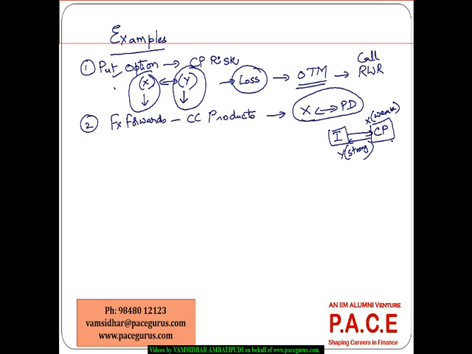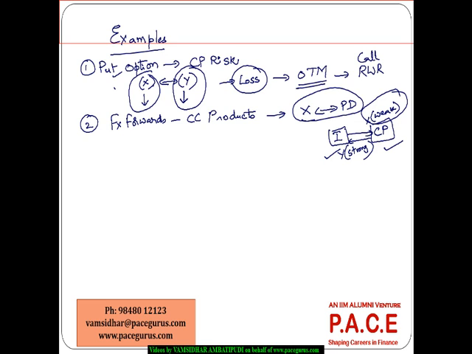So now if the currency which the counterparty is receiving is weakened, whereas the currency which he is paying has increased, then the counterparty is defaulting, and at the same time the currency is weakened, so he is ending up paying much more.